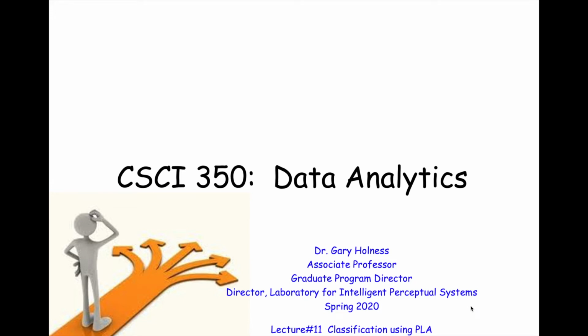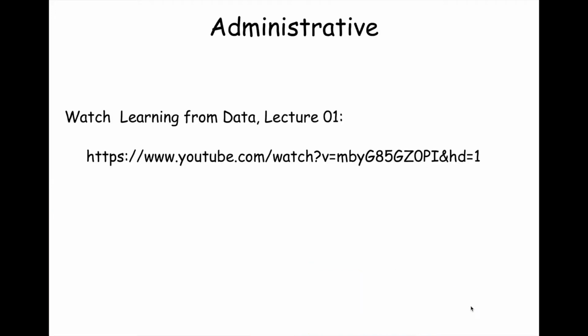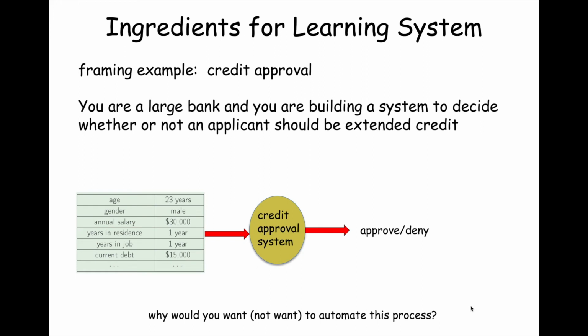So today I'm going to focus on the algorithm. And again, this is from that same URL associated with a machine learning course from Caltech. It's very well done. We talked about the credit approval system. You input a vector representation of all of the information from a record of a credit applicant.